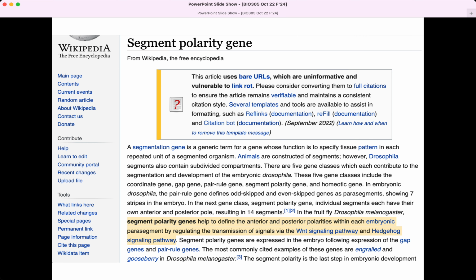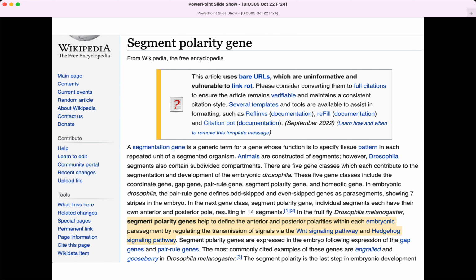The traditional old school name for these genes is segment polarity genes. And the polarity is like a north-south sort of polarity. The polarity is, are you in the anterior team or the posterior team? And so it says here, segment polarity genes help to define the anterior and posterior polarities within each embryonic parasegment by regulating the transmission of signals via the Wnt signaling pathway and the hedgehog signaling pathway.